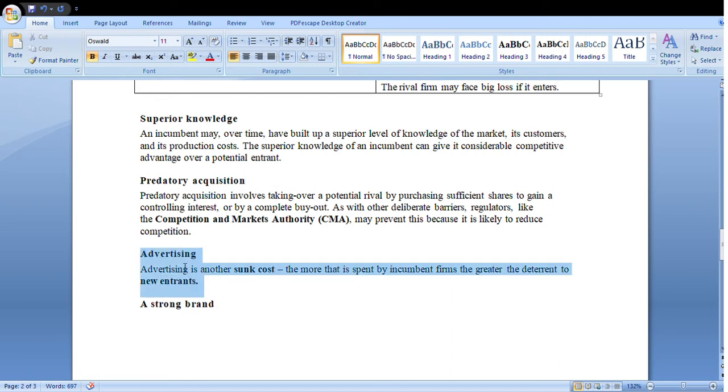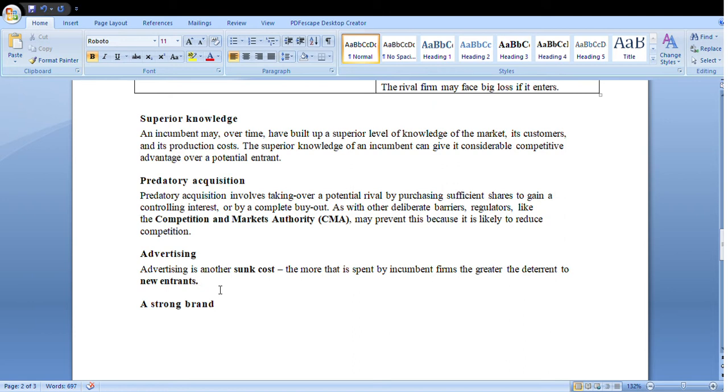Advertising also acts as a barrier to entry. If you turn on your TV, or go to the internet, newspaper or billboard, everywhere you can see so many advertisements. Unilever and its products have huge advertisements. Why so many? Because advertising attracts customers and creates a psychological impact on customers' minds. Big firms spend billions of dollars.